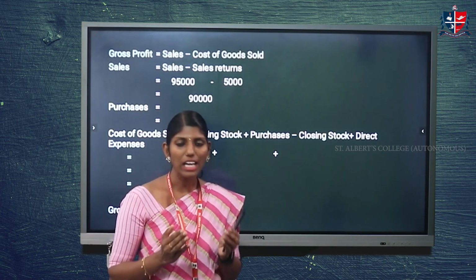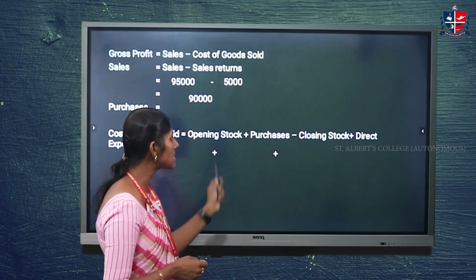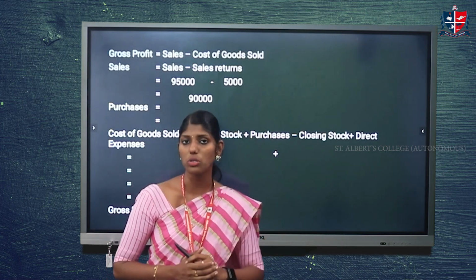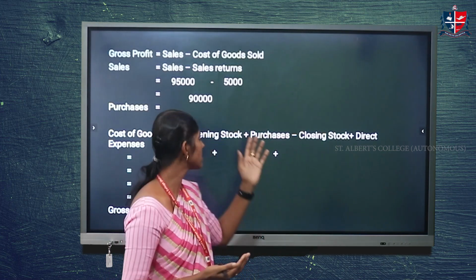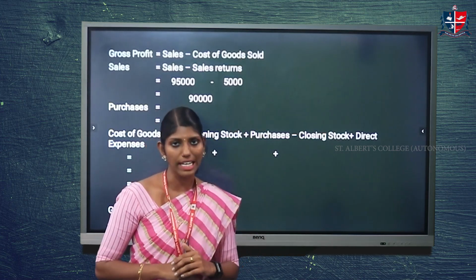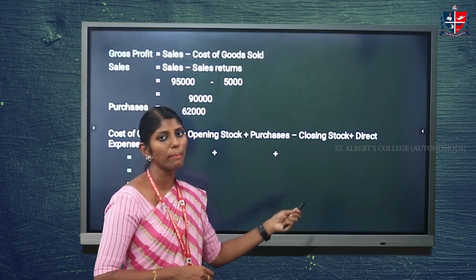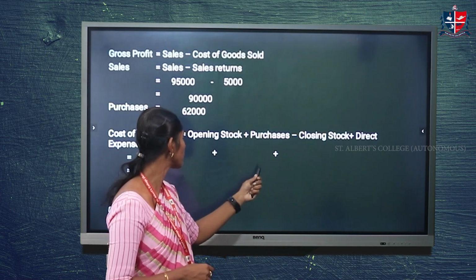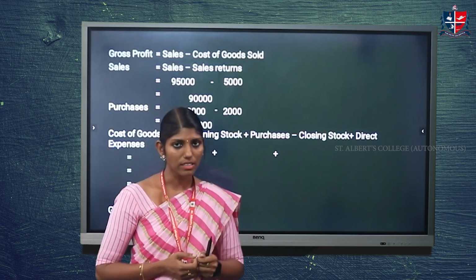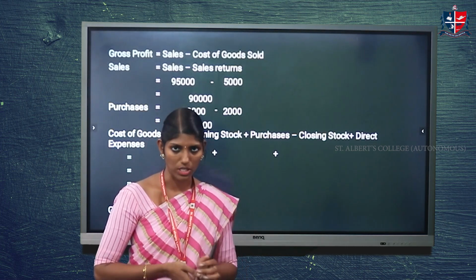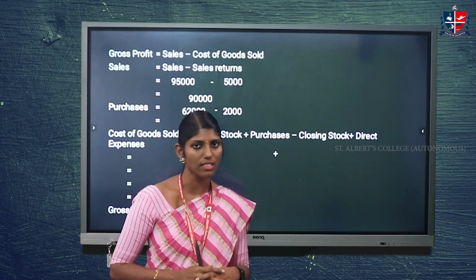Then in the same way we have to find out the purchases, because purchases is required to find out the cost of goods sold. So we can find out purchases in the same way we computed the sales. So the purchases is equal to 62,000 minus 2,000 purchase returns and the amount will be 60,000. So the sales amount is 90,000 and the purchase amount is 60,000.